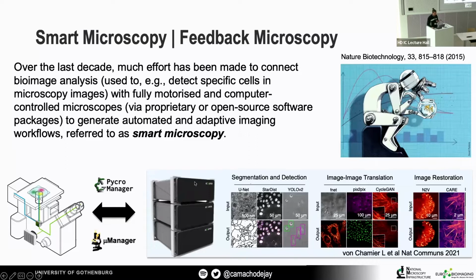Now, at the same time, we have done a lot of effort on the other side, which is the image analysis side, where now we have beautiful advanced models for segmentation, object detection, image-to-image translation, restoration. This field is booming very quickly. Now, what smart microscopy tries to do is connect those two worlds together, right, via the software.